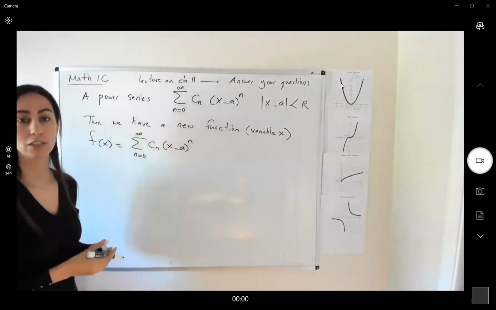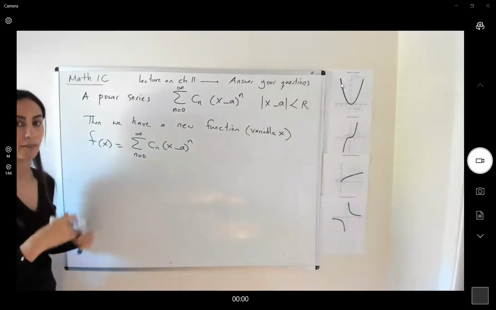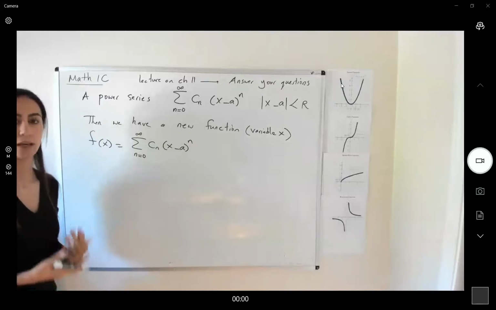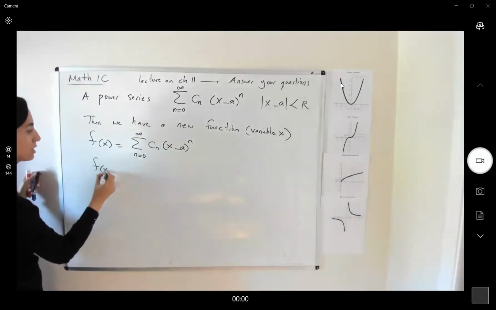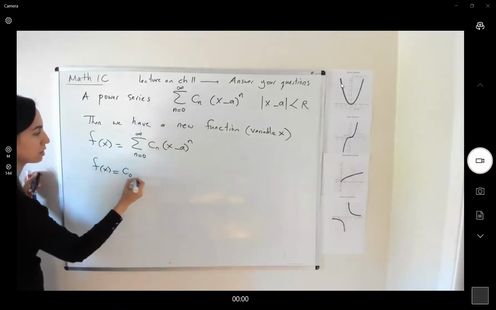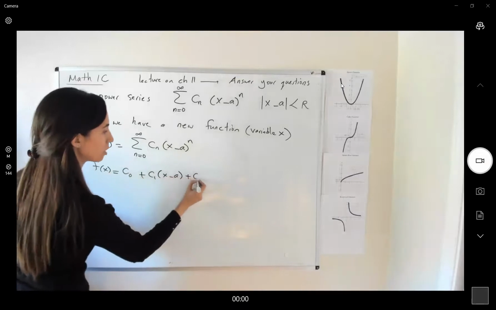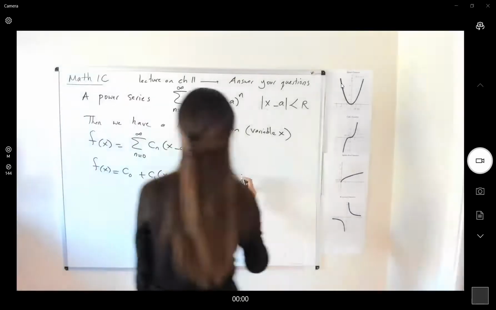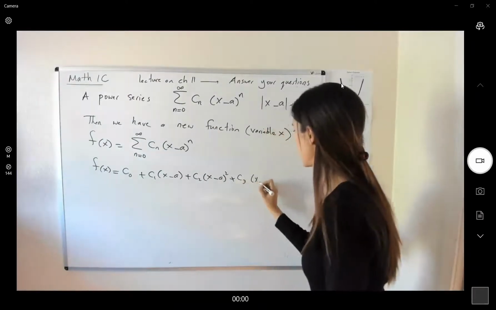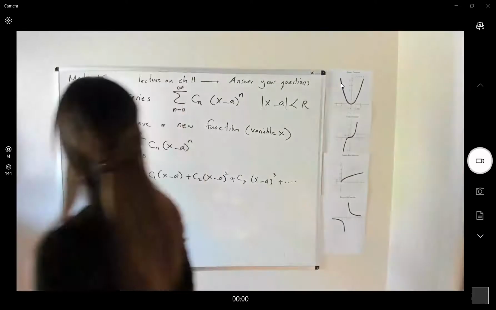Or you can rewrite this new function as a polynomial, or if you have negative exponent, in the format of a quotient function. So f of x is c sub 0 plus c sub 1 x minus a plus c sub 2 x minus a squared plus c sub 3 x minus a to the third plus the rest of it.